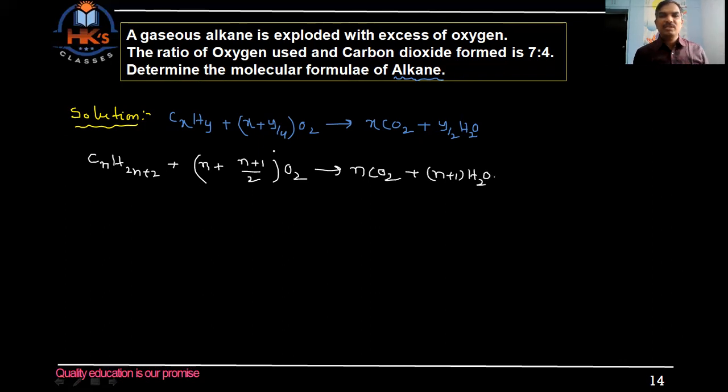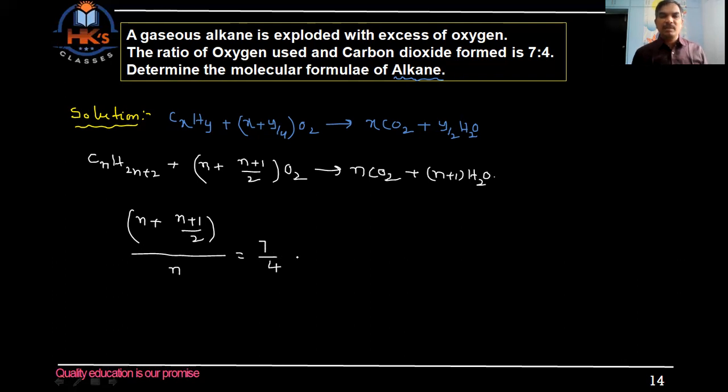Now see the question here. Ratio of the oxygen used to carbon dioxide is given as 7:4. So what is the oxygen here? That is (n plus 1 by 2) upon what is the volume of CO2 got here? n. So this is given as how much? 7 divided by 4.